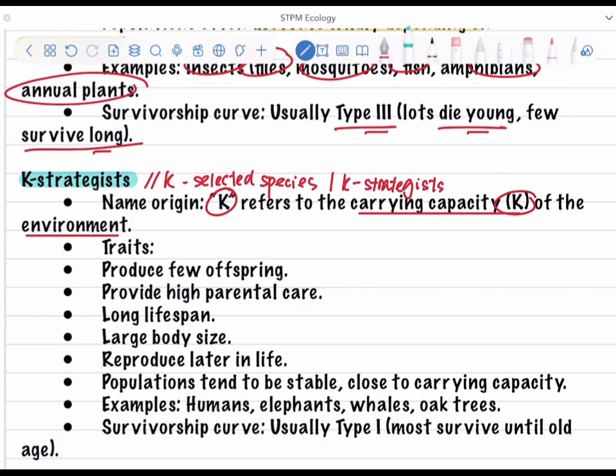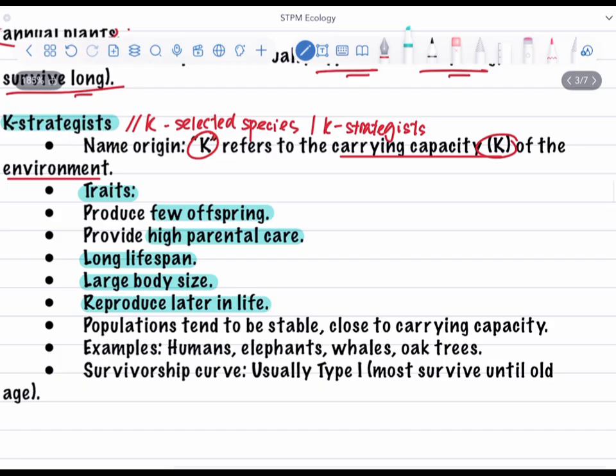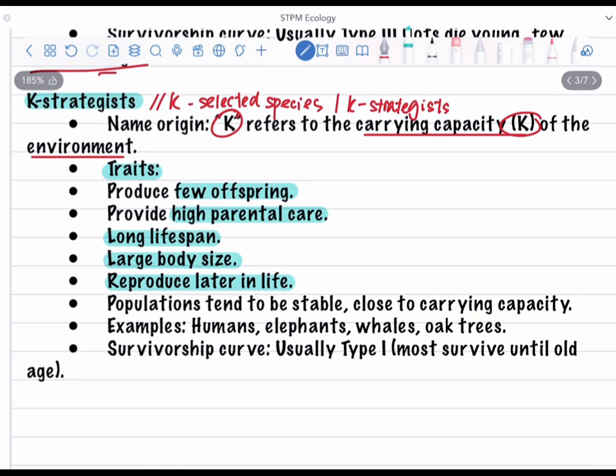The traits are that organisms belonging to this group of strategies, K, will produce few offspring, provide high parental care, have a long lifespan, large body size, and reproduce later in life, meaning they will only reproduce when they get into the mature stage. The populations tend to be stable and close to the carrying capacity.